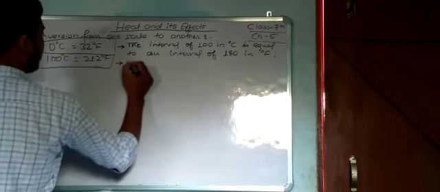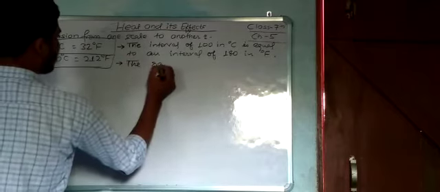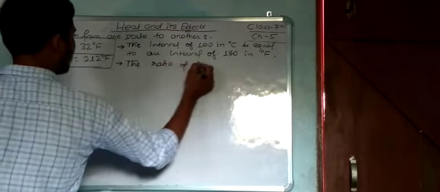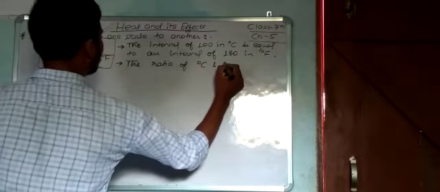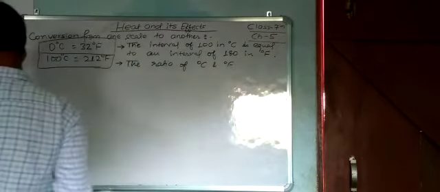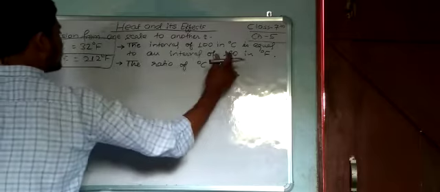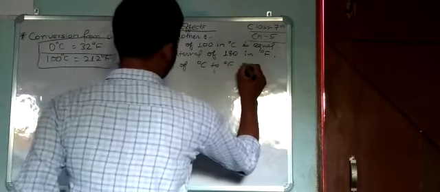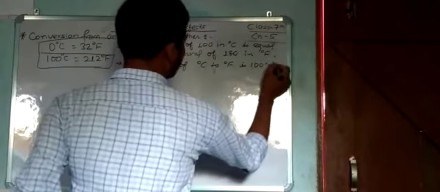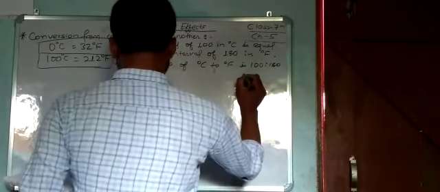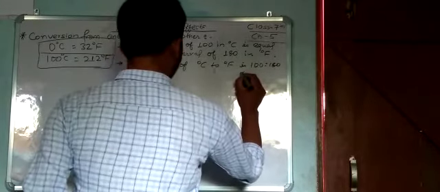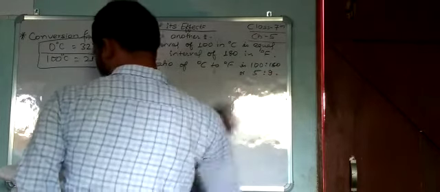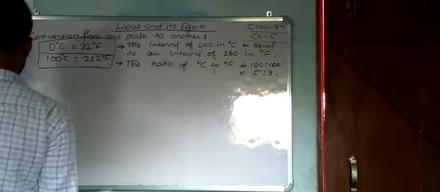By this way we calculate the ratio between degree Celsius and degree Fahrenheit, which is 100 is to 180, and we can also write it in simplest form, 5 is to 9.